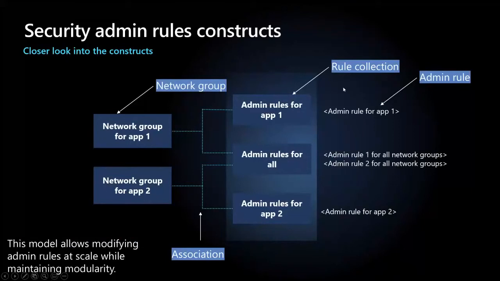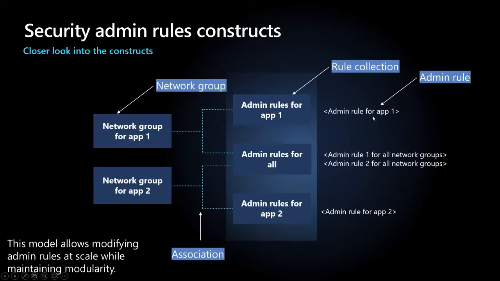So a bit dive deep into how you can use secure admin rules. So in a nutshell, there are 4 kinds of the concepts here: admin rule, rule collection, network group, and association.